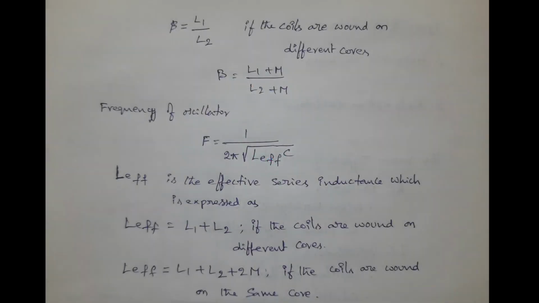At this state, if one makes the gain of the circuit slightly greater than the feedback ratio given by beta equal to L1 by L2, if the coils are wound on different cores, that is, beta equal to (L1 plus M) by (L2 plus M), if the coils are wound on the same core, with M indicating the mutual inductance, then the circuit generates oscillations which can be sustained by maintaining the gain of the circuit equal to that of the feedback ratio.